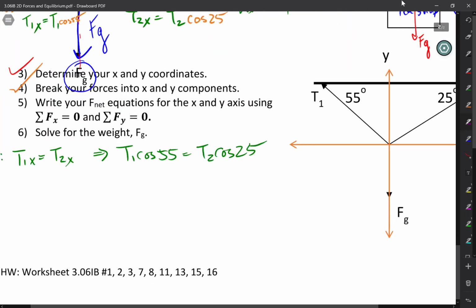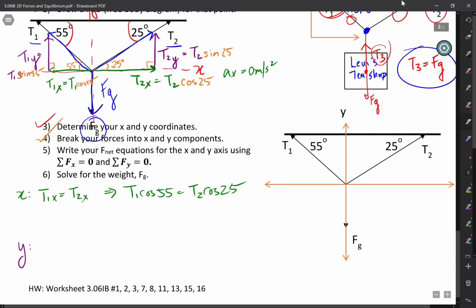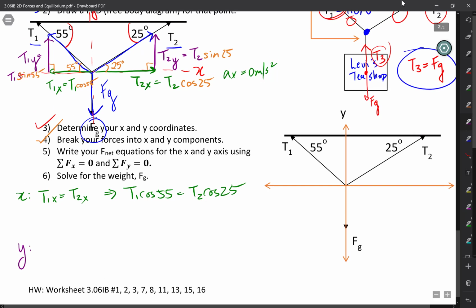The second thing is along my y direction. I'm going to leave some space above because I'm going to probably use that component later. In the y direction, all my up forces equal my down forces. Up forces include T2y and T1y. Both of these are upward forces.